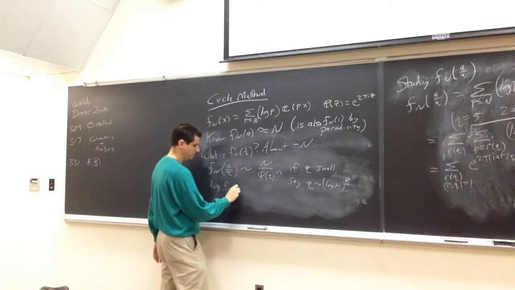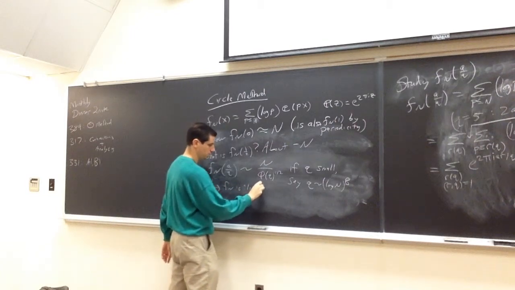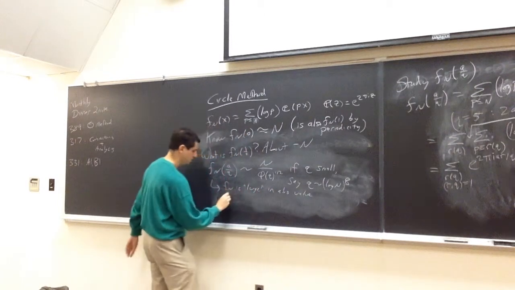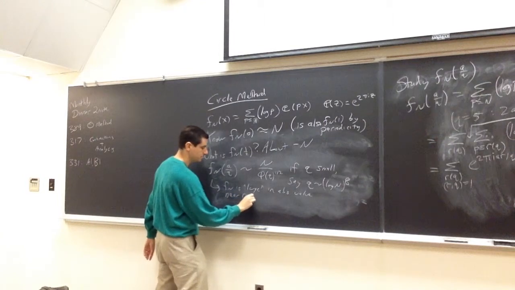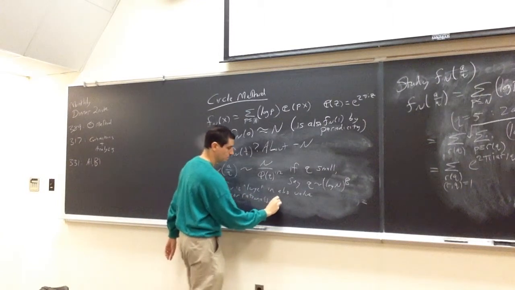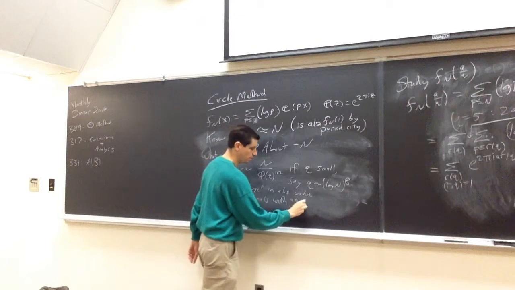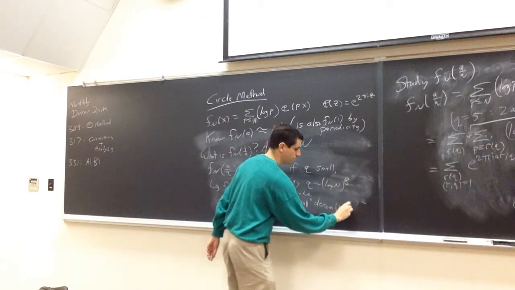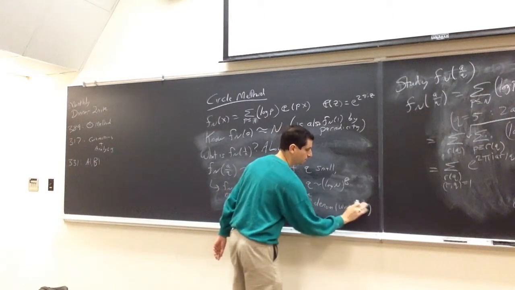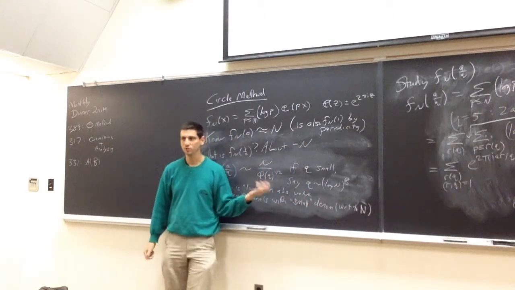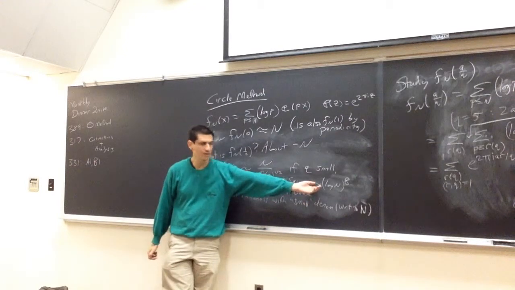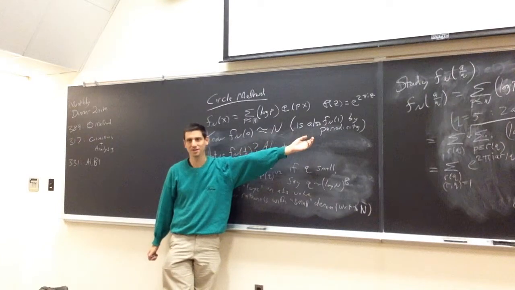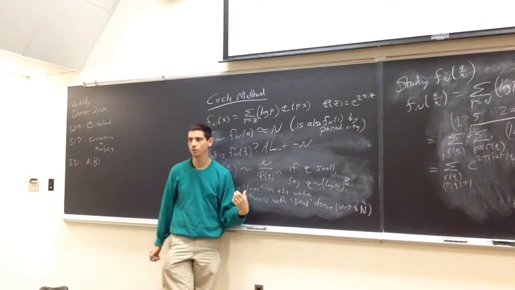So Fn is large in absolute value near rationals with small denominator with respect to n. Whenever you do a problem, you always have to quantify what you mean by small. Log of n to the b is going to go off to infinity. It's not a small number, but it's small relative to what we're talking about.